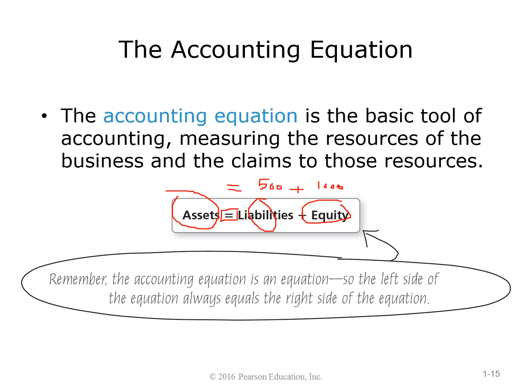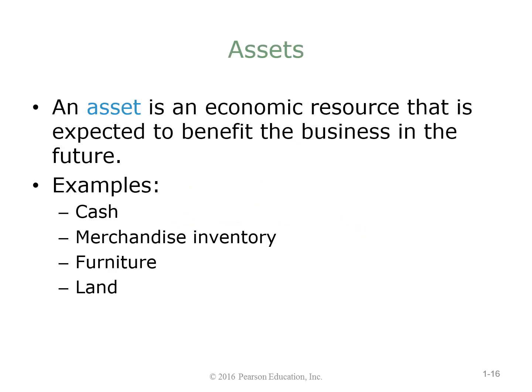This is why the equation is always equal, because the right hand side is to be considered as resources to finance the left hand side. So this is the main core of accounting. Any transaction to happen inside the company must affect that equation and keep it equal, which means the two sides must be equal.